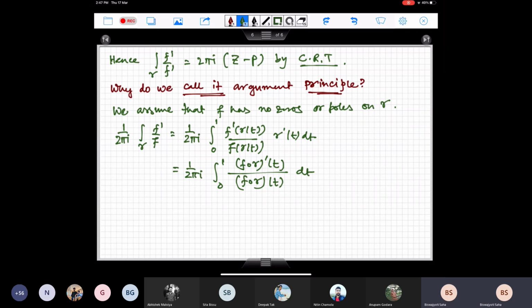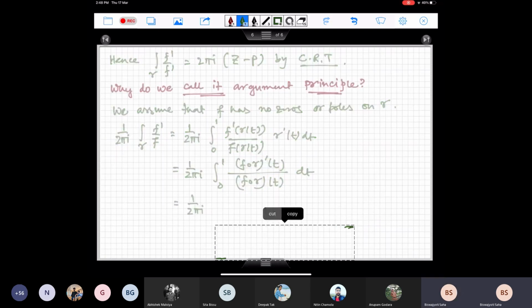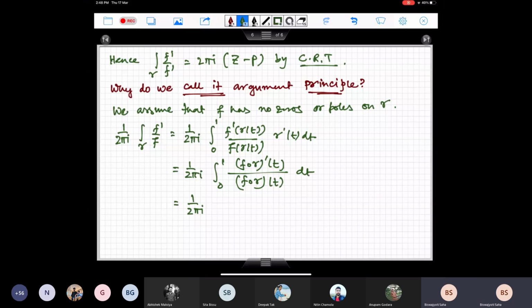So this integral is nothing but 1 upon 2 pi i times log of f of gamma(1) minus log of f of gamma(0).